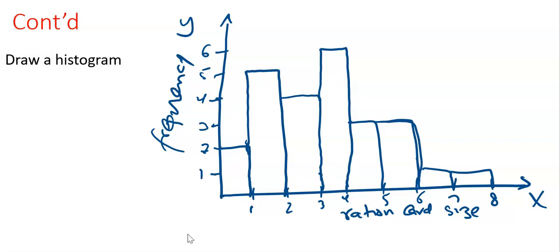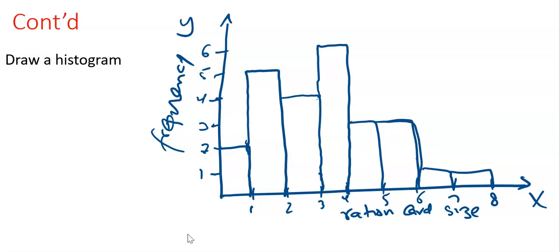In a histogram, the bars should always touch, because when the data values are numerical, the bars must always touch. But if they are categorical, for example color, or male or female, anything of that nature, the bars will not touch.